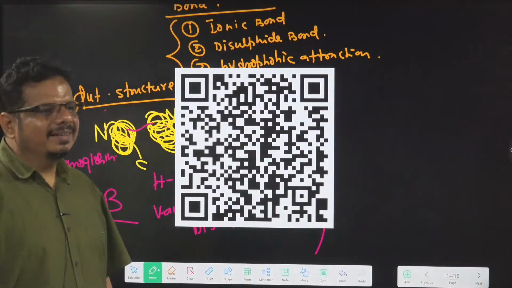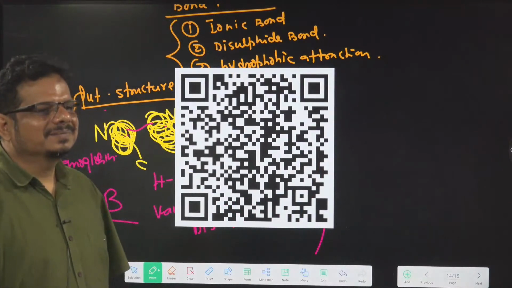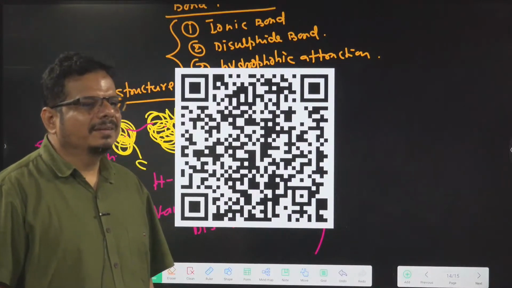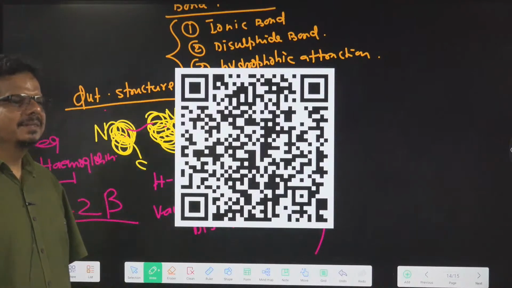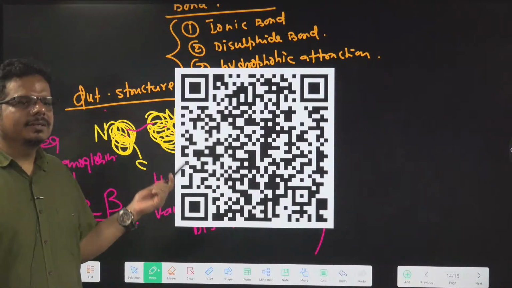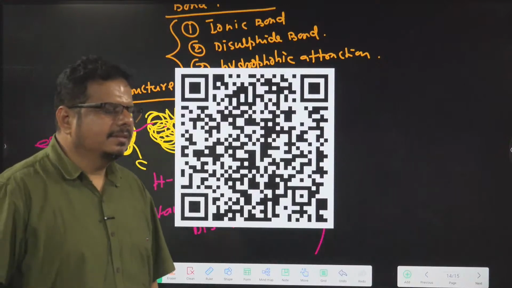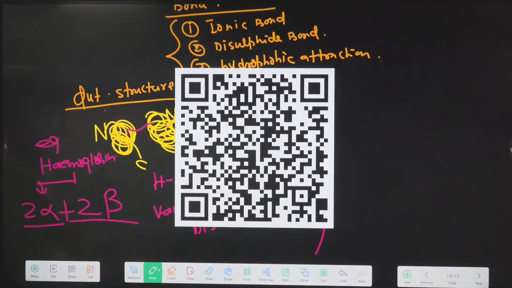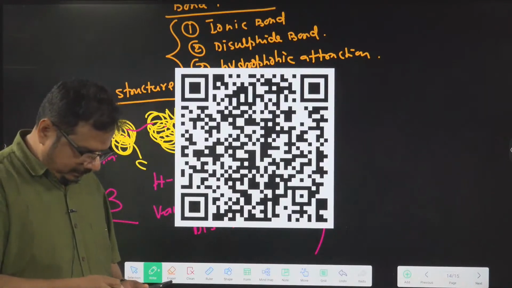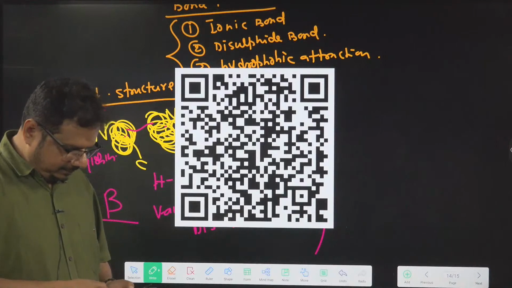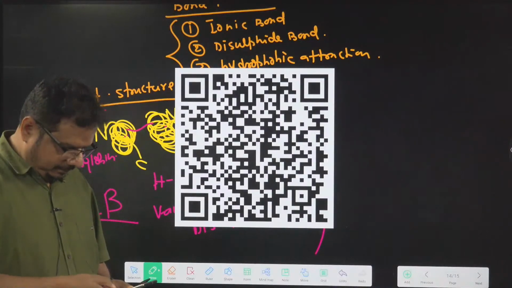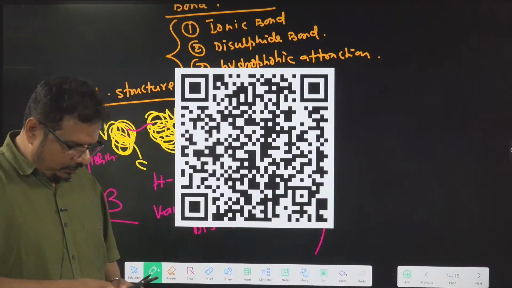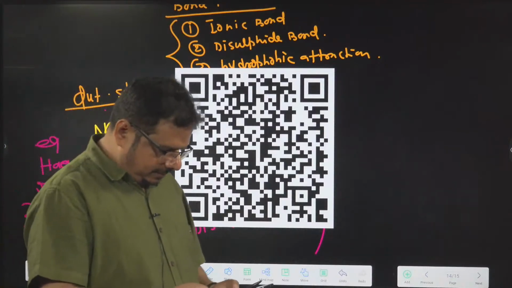Are you getting the idea? Okay, that's great. So this is your QR code. This week's syllabus, just give me a moment. So listen to it.